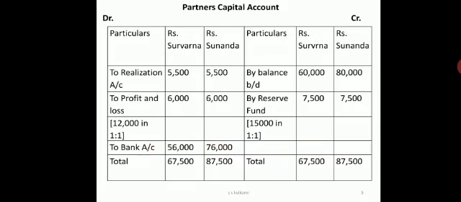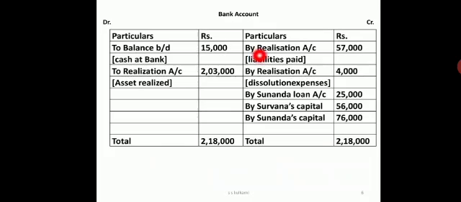Now we will go for the last account, that is the bank account. This is the opening balance of the cash which is given in the balance sheet, 15,000.